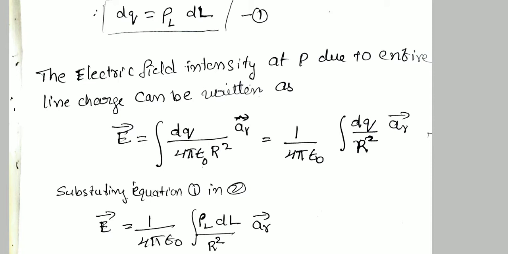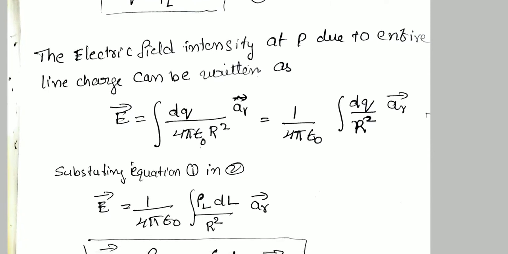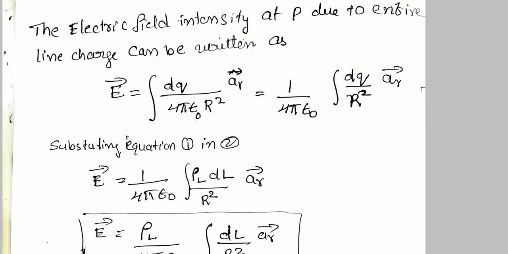The electric field intensity at a point due to the entire line charge can be written like this: E is equal to integration of dq by 4 pi epsilon naught r square into AR. Here 1 by 4 pi epsilon naught is a constant that comes out of the integration symbol. The remaining term inside the integration is dq divided by r square into AR.